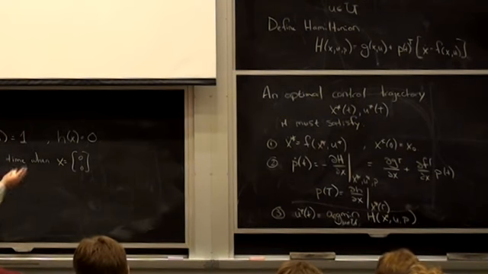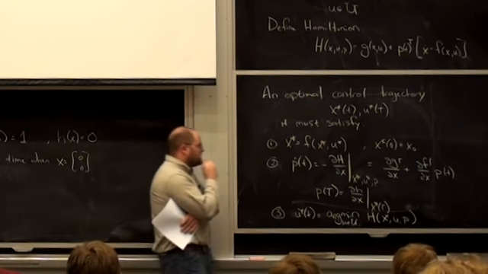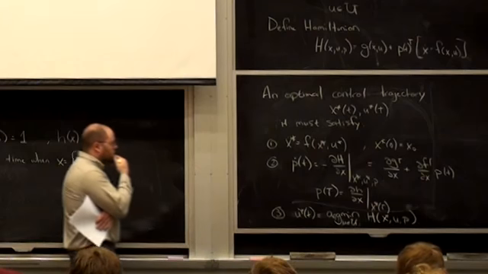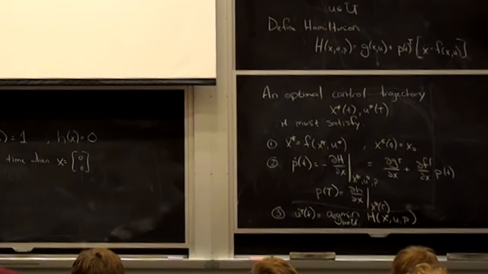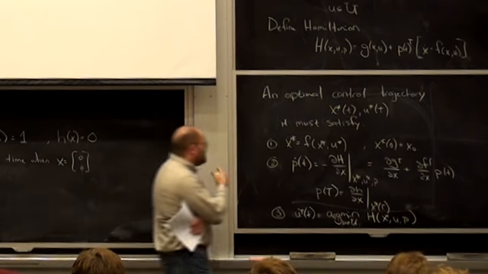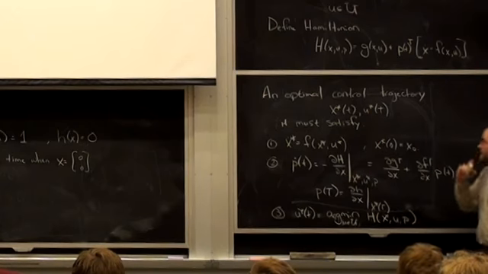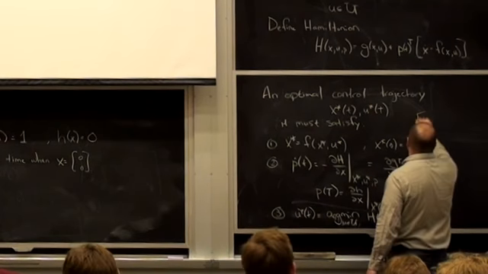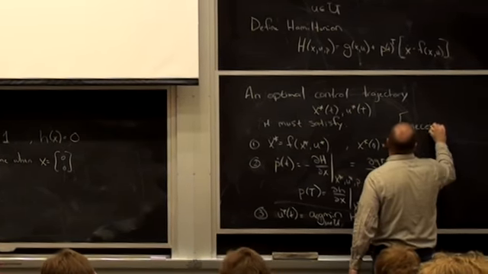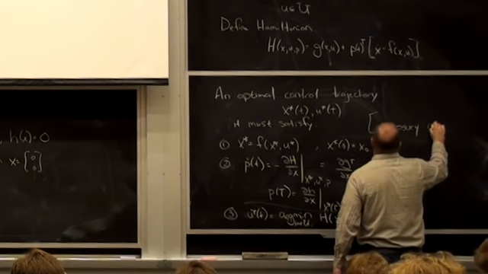Before we derive it, and I'll just do a sketch of the derivation, let's just think about the implications. First of all, this says the optimal control trajectory must satisfy these, which means it's a necessary condition for optimality.